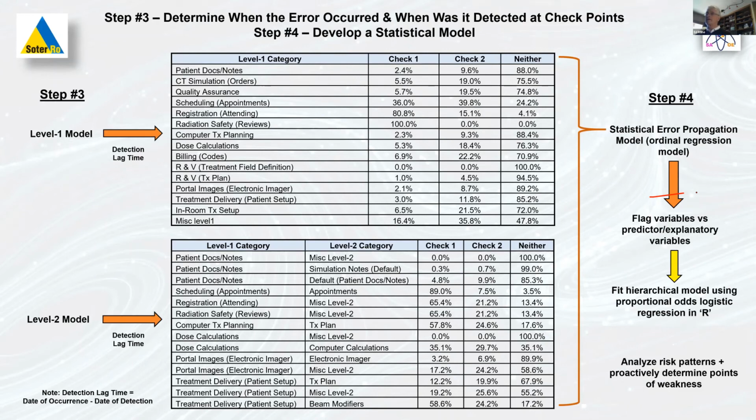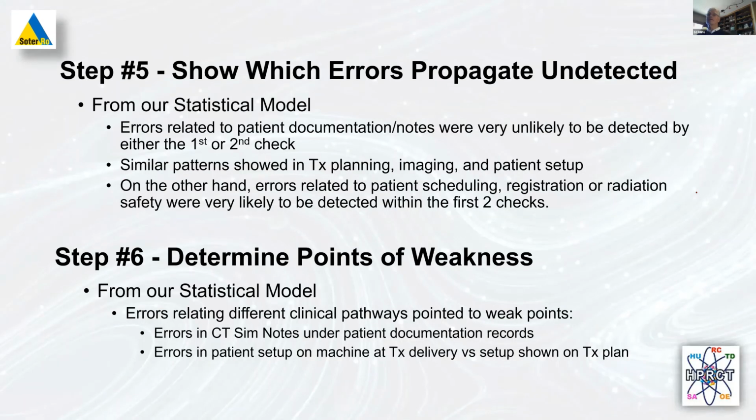This hierarchical model is a model in which the lower levels are sorted under a hierarchy of clusters of data. And then that is analyzed for risk analysis. So step 5, show which errors propagate undetected. Step 6, determine the points of weakness.